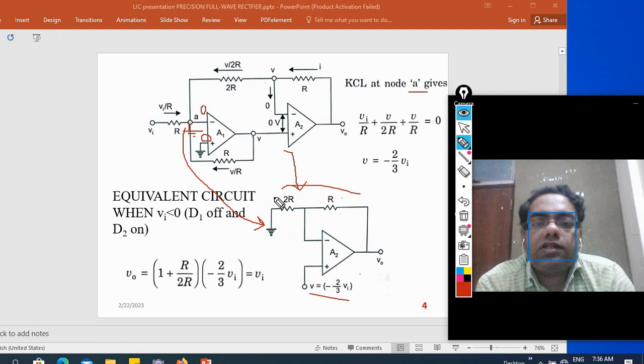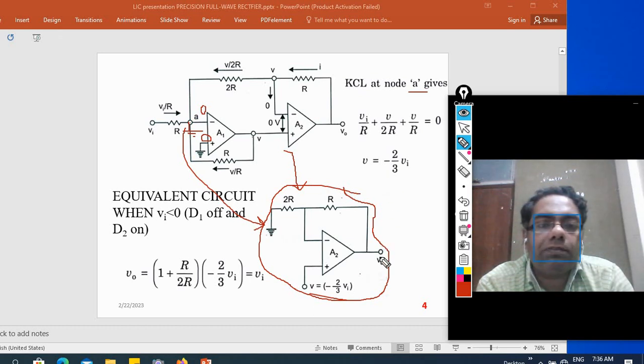Now this is the configuration of a non-inverting amplifier, whose output voltage is given by 1 plus RF by R. RF is the feedback resistor, which is R, and the input resistor is 2R. So it comes out to be minus Vi.